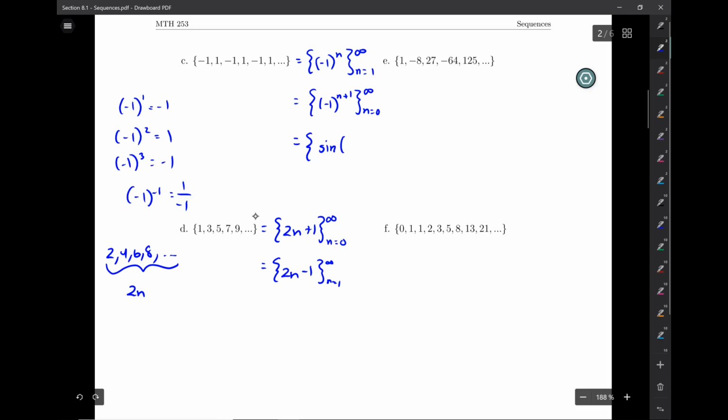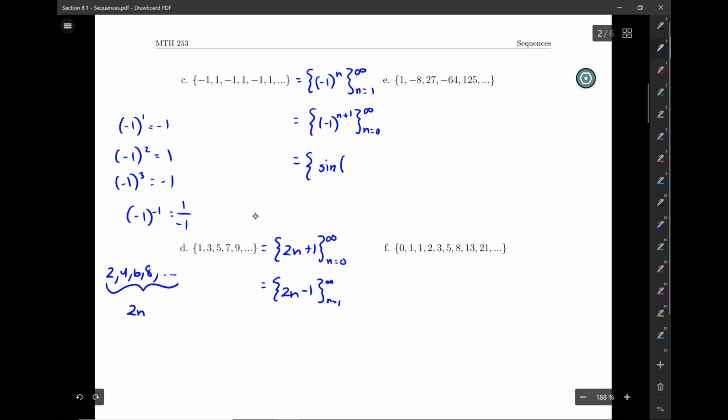Now, I don't want any root 2 over 2s in this case because it's just ones and negative ones. If you think about what angles make sine positive 1 and negative 1, it's the angle of pi over 2 that makes sine a positive 1, and the angle of 3 pi over 2 that makes sine a negative 1. So we would need it to be multiples of pi over 2 in some way.